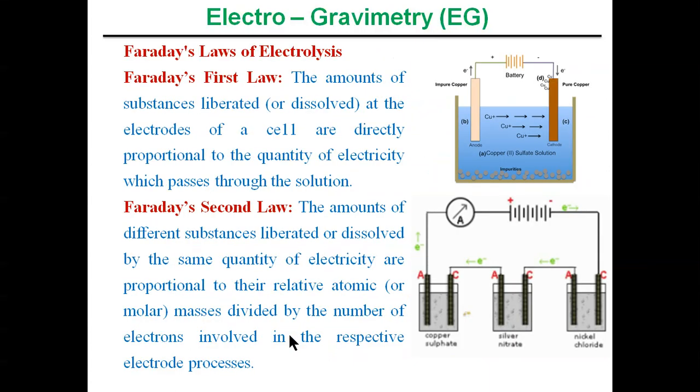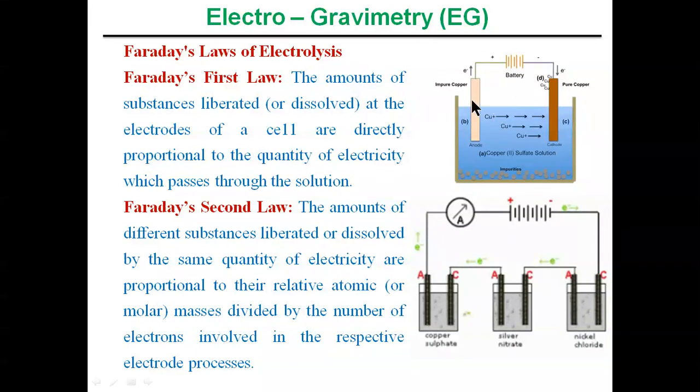Next there are two laws of electrolysis. The first one is Faraday's first law. What Faraday's first law states is that the amount of substance liberated or dissolved at the electrode of a cell is directly proportional to the quantity of electricity passed through the solution.